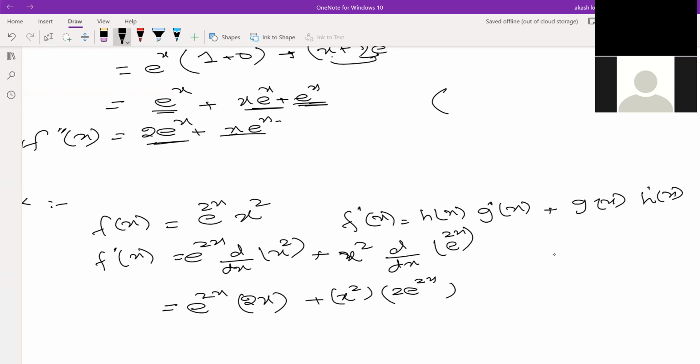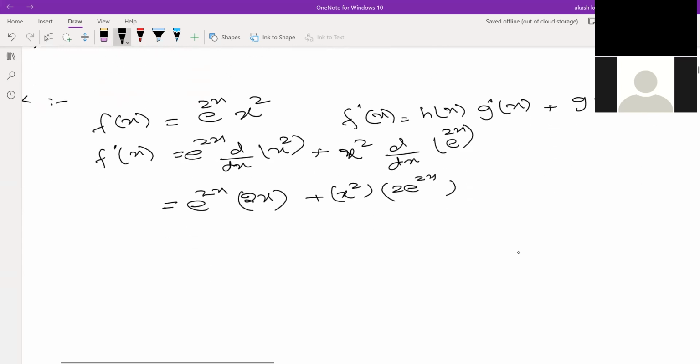Let's just simplify it. 2x e raised to the power 2x plus 2x squared e^(2x), right? And then we can simplify it by taking the common factor.